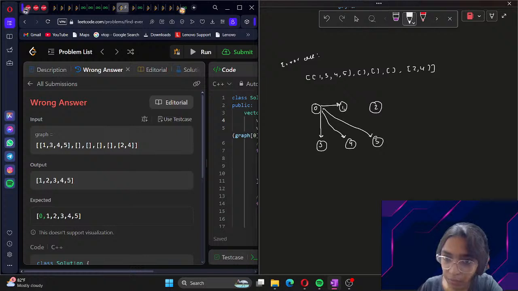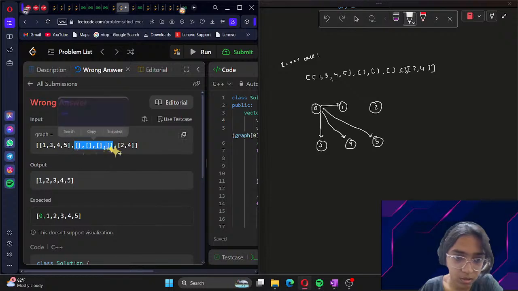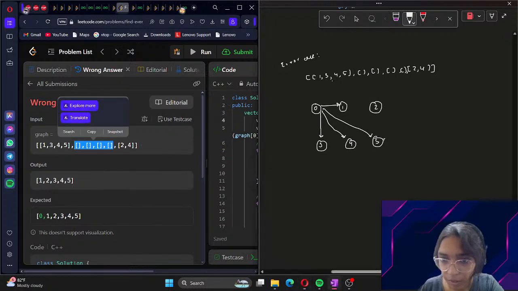There is no outgoing edge from 1, none from 2, none from 3. From 5 we have one outgoing edge to 2 and one outgoing edge to 4.